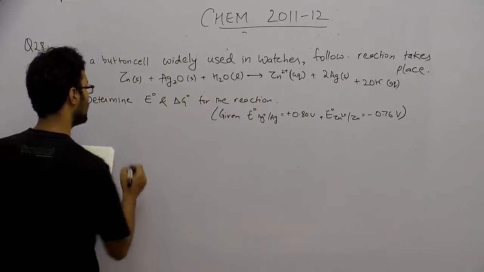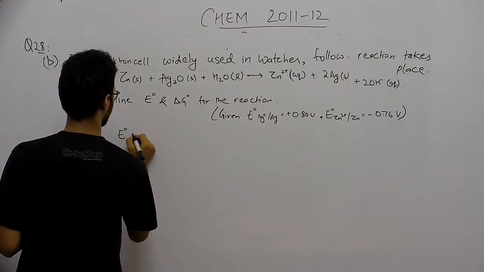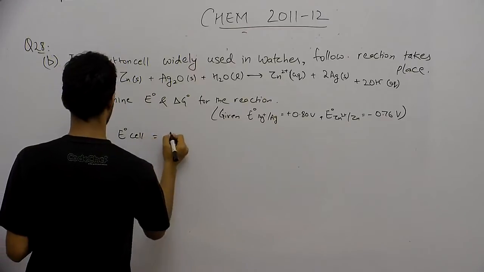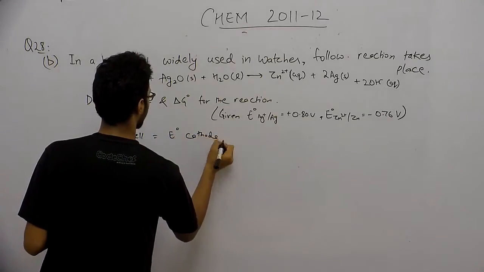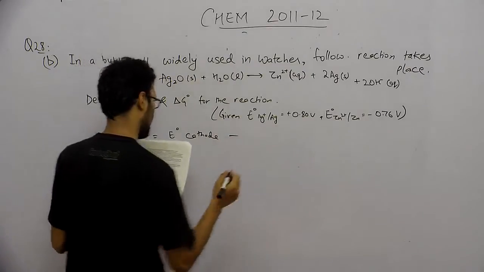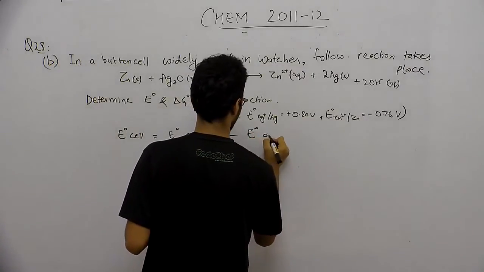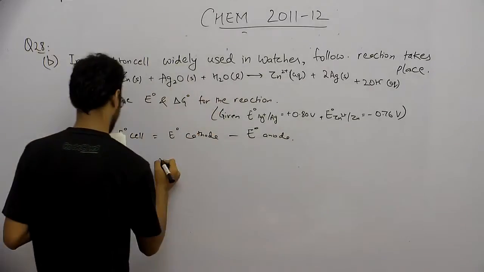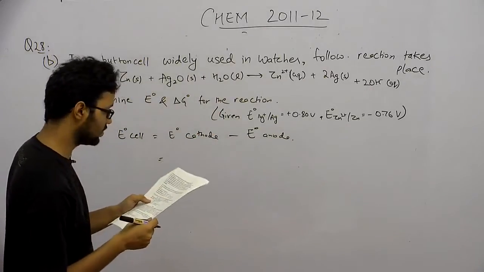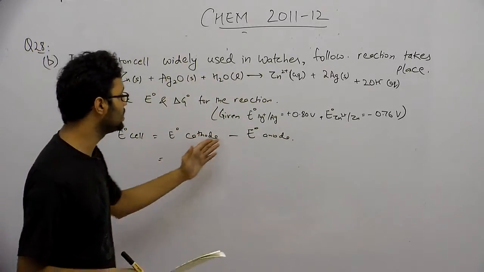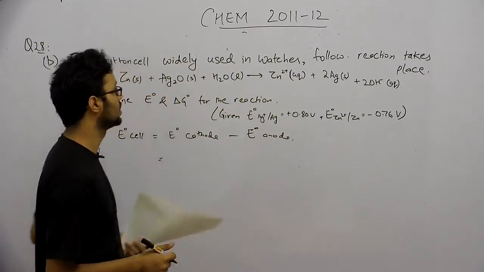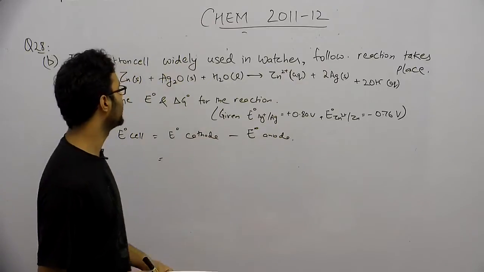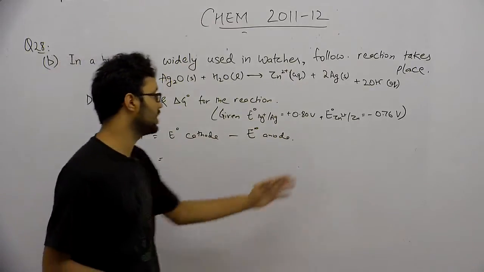So we all know that E0 of cell equals E0 of cathode minus E0 of anode. As we see, the cathode is where Ag+ is going to Ag, and the anode is where Zn is going to Zn2+.